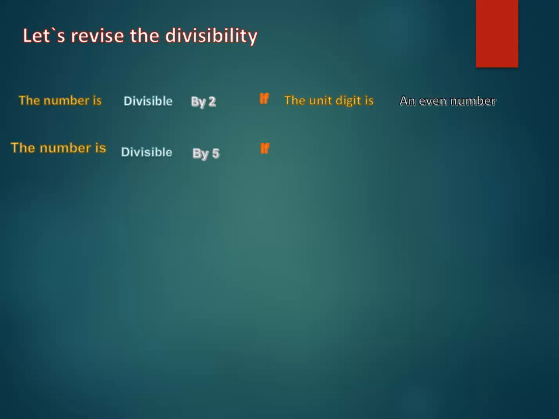So the number is divisible by 5 if the unit digit is 0 or 5. In table 2, divisible by 2, we said if it has 0, and divisible by 5 if it has 0. So the number is divisible by both 2 and 5 if the unit digit is 0.